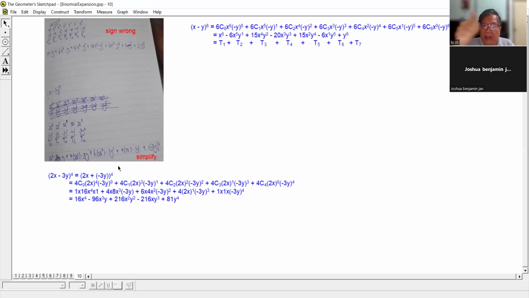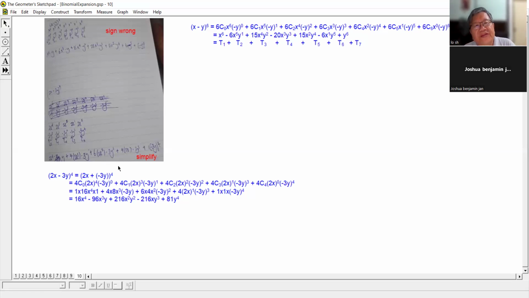Correct, very good. You can see the pattern. If I have a power of 5, then I will have 6 terms. Not only do you know the number of terms, you also know if it's a negative sign, then it will be positive, negative, positive, negative, positive. If it's a positive sign, then all will be positive. So you know these two.